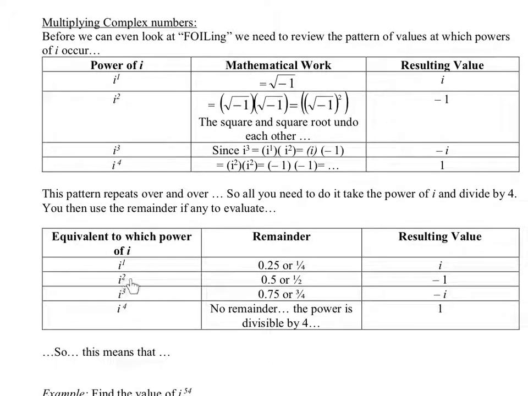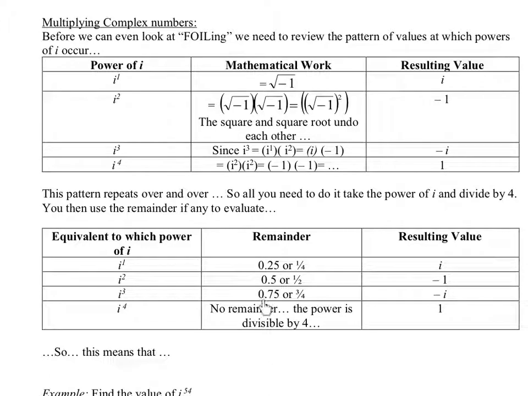If I have an i squared, then if I divide that by 4, 2 divided by 4 is 1/2, that's 0.5. So if my remainder is 0.5, then my resulting value is -1. For i to the third, if I divide 3 by 4, that's 0.75.